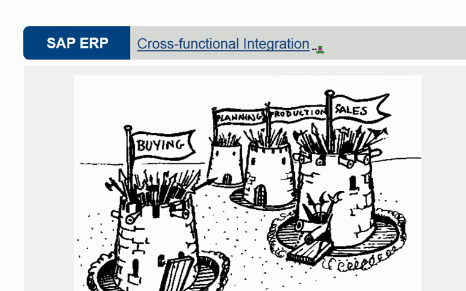You don't have these silos anymore. All of the different units are talking to each other. Also, any information that's entered within SAP can be seen by all units within the organization. So you have information sharing as a benefit.